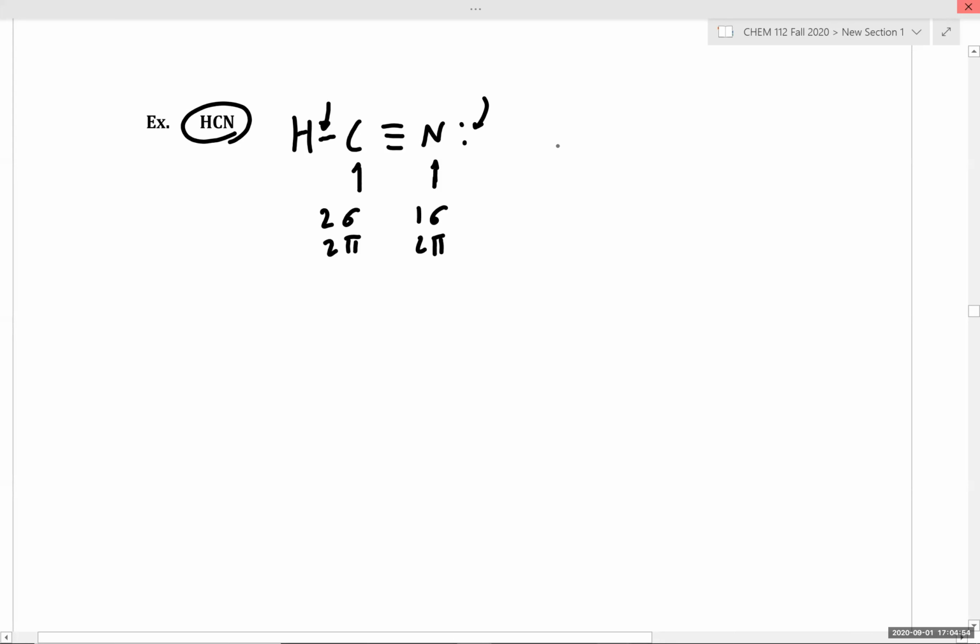So if we think about the orbital diagram for carbon, initially before hybridization, looking at our pre-hybridization orbital diagram, we're capable of forming two bonds, 1 sigma and 1 pi.